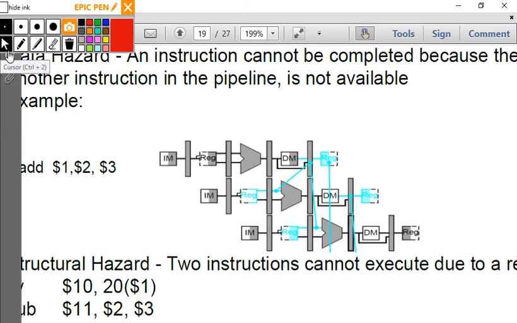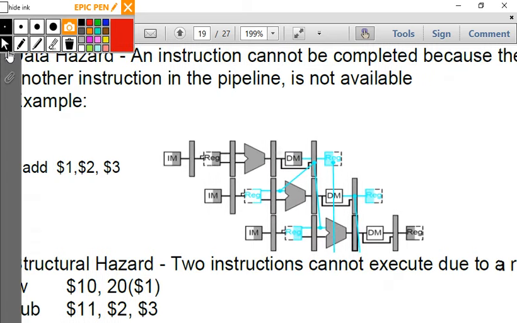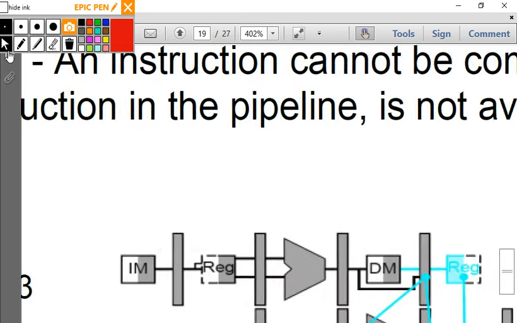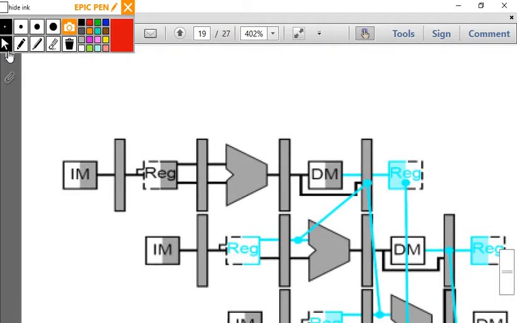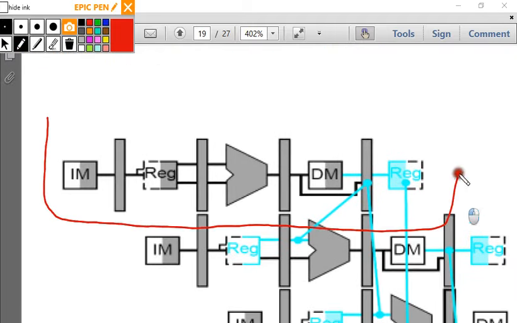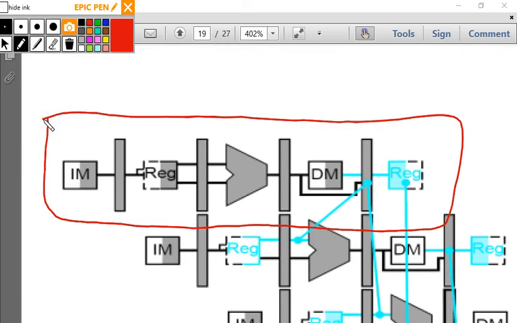I have my data path here. So let me zoom in on one. Right now we're only going to worry about this thing here, right? So just envision that's the data path. What's going to happen is the first instruction, I calculate 1, and I put it new here.